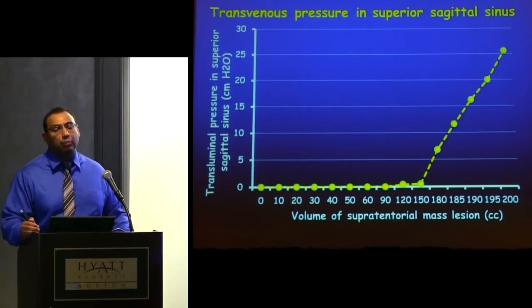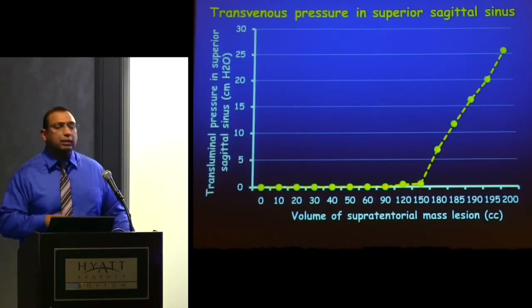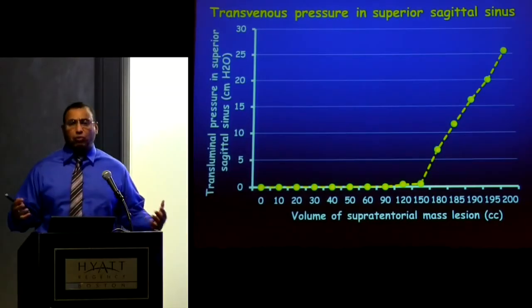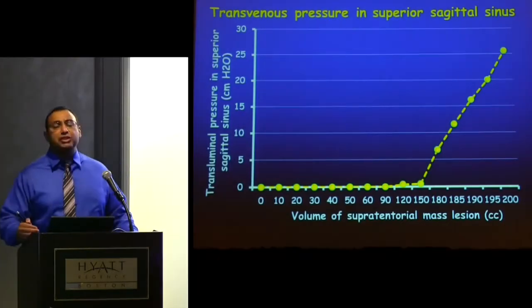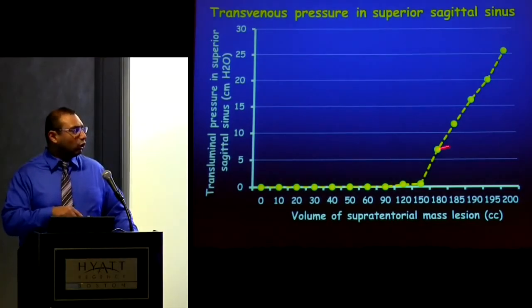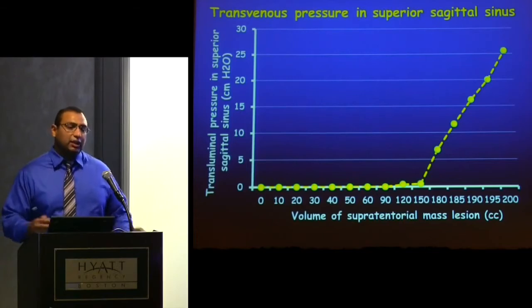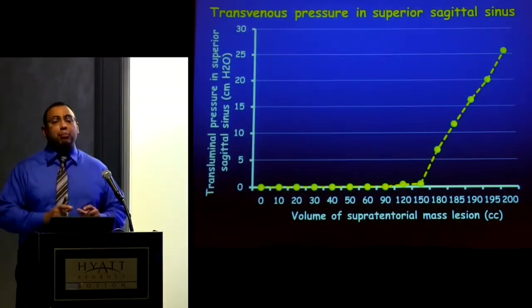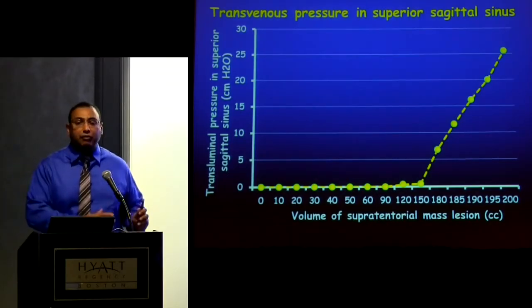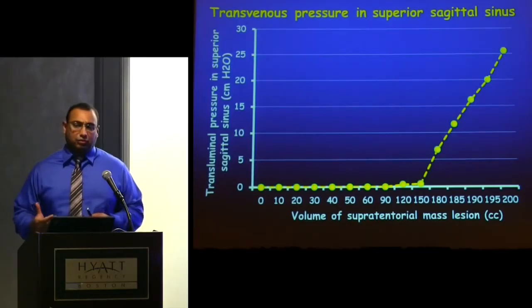Then you start seeing a change in pressure when the mass lesion exceeds 150 cc's in volume, and that's an exponential increase in the venous pressures. You can see dramatic increases when the volume of the extrinsic lesion is around 200 cc's. So yes, there can be distortion and compression of the venous sinuses, at least in cadaveric models, when there is mass effect and intracranial hypertension within the cranium.